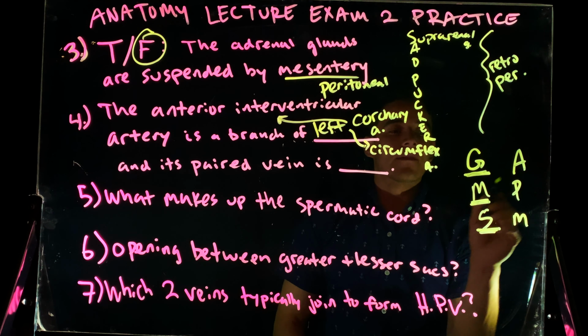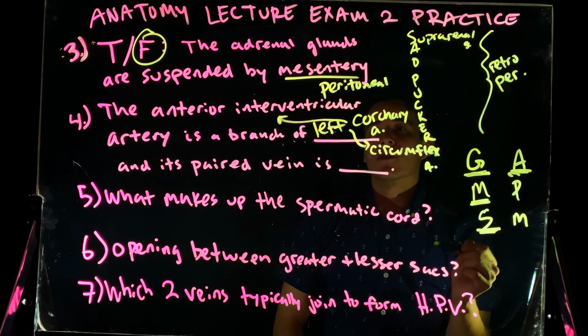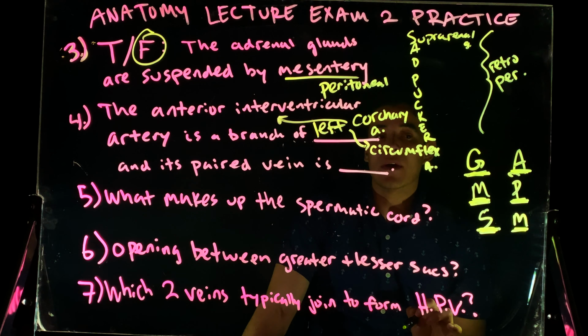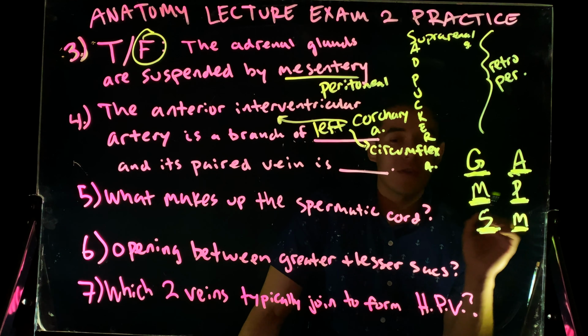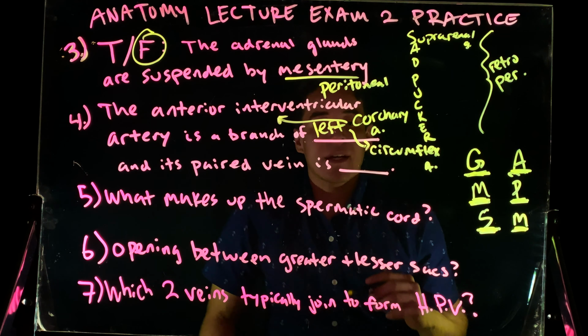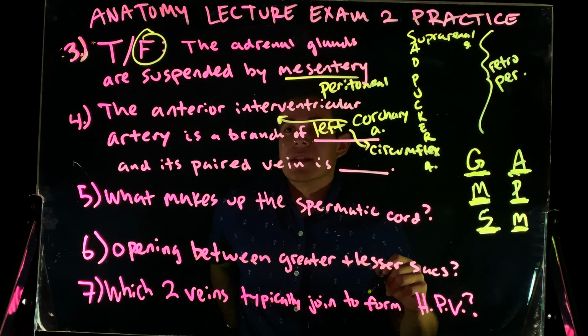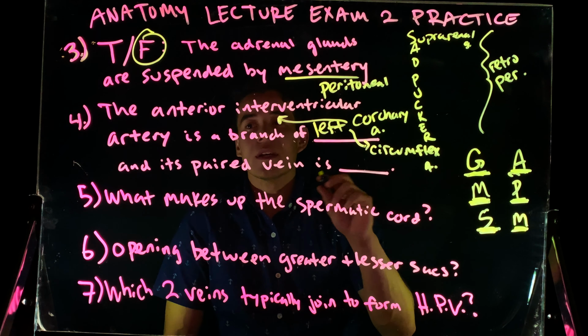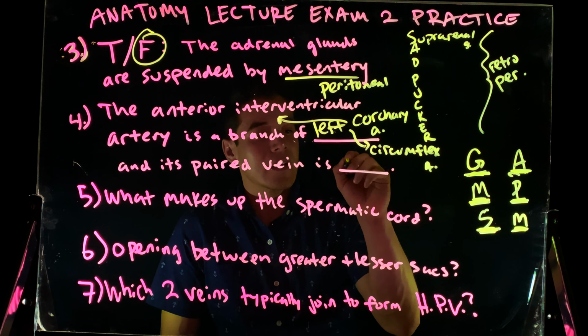My great cardiac vein is paired up with my anterior interventricular artery. My middle cardiac vein is paired up with the posterior interventricular artery. And my small cardiac vein is going to be paired up with the right marginal artery, okay? So that covers this one. So this is going to be anterior interventricular artery paired up with the great cardiac vein.